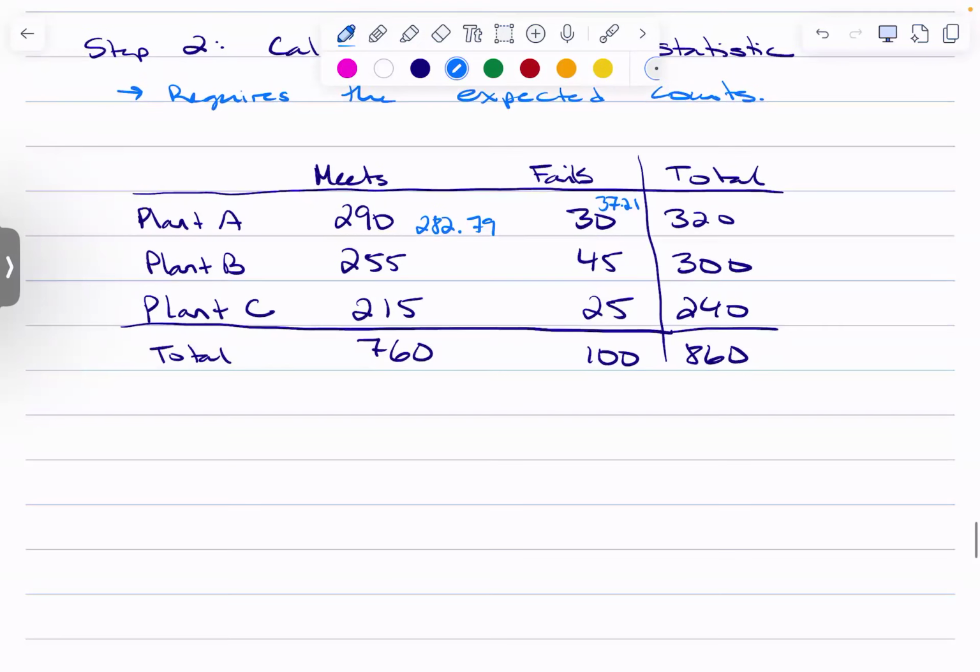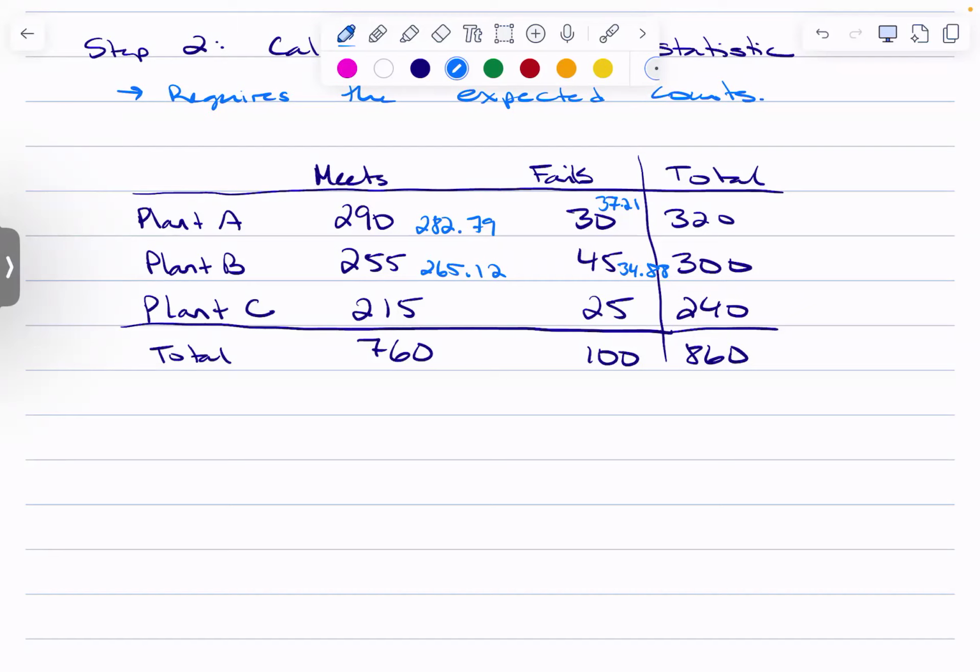Rounding to 2 decimal places. 300 times 760 divided by 860. 265.12. 300 times 100 divided by 860. 34.88.